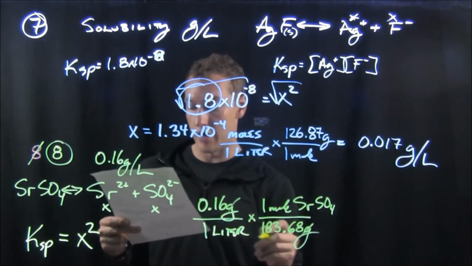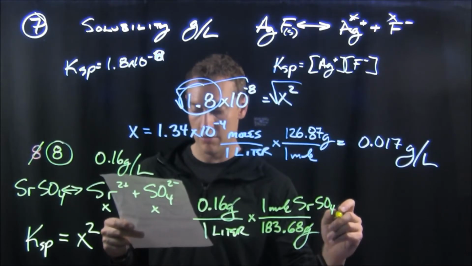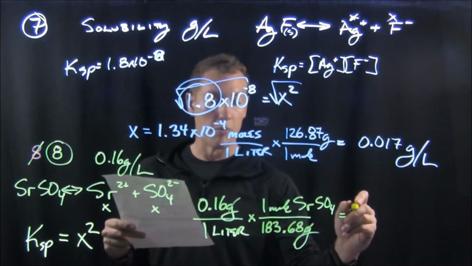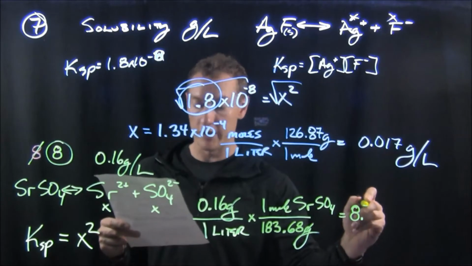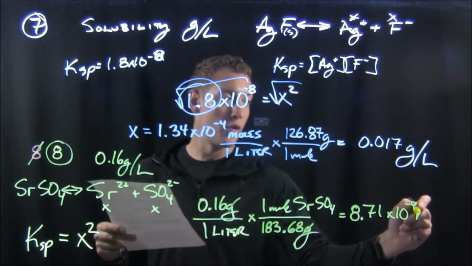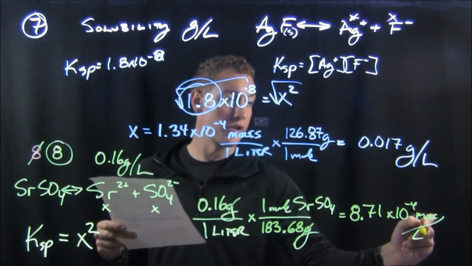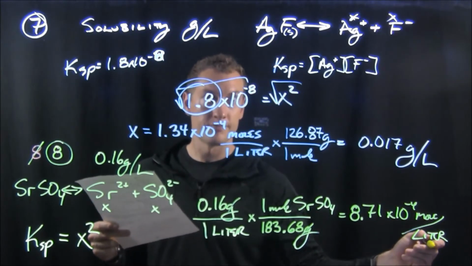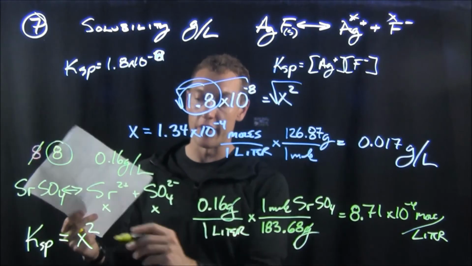So those divide away and you end up with a molar solubility of 8.71 times 10 to the negative 4th moles per liter.